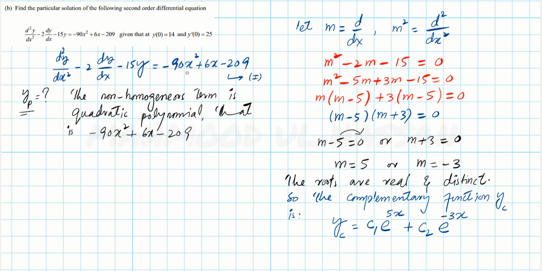So basically the right side of the equation is a quadratic polynomial function.